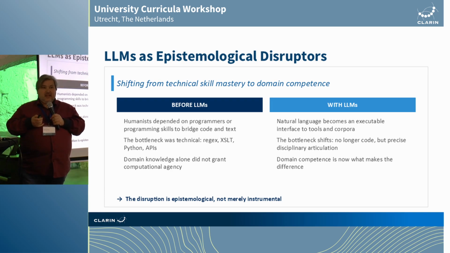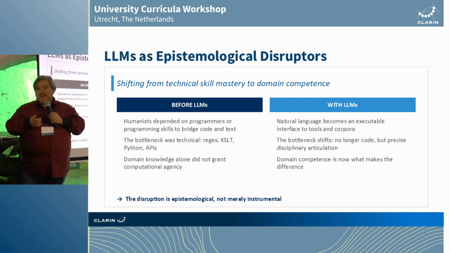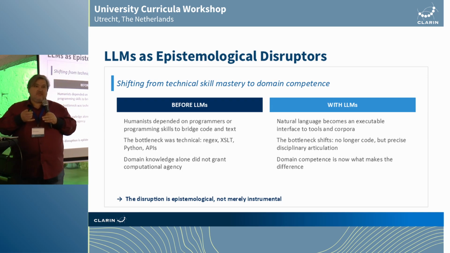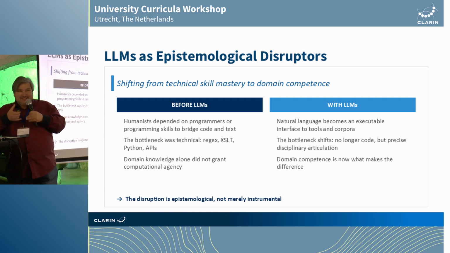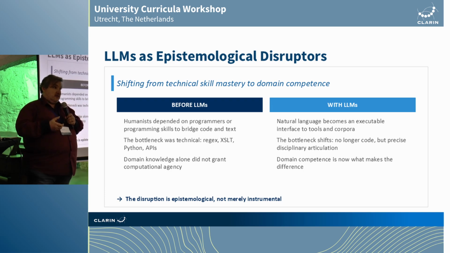So we have a previous scenario, before the LLMs and GenAI, in which the humanists depended on other programmers that programmed for them, or on programming skills that they needed to acquire, but it was a long path, okay? And now, on the contrary, we have the possibility to work by focusing the attention on the domain, and so to have a domain-specific learning.